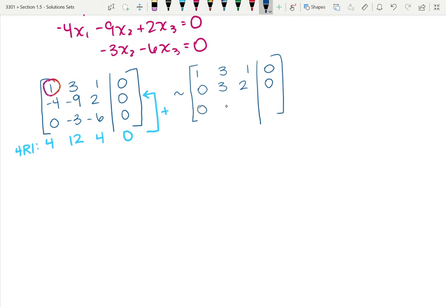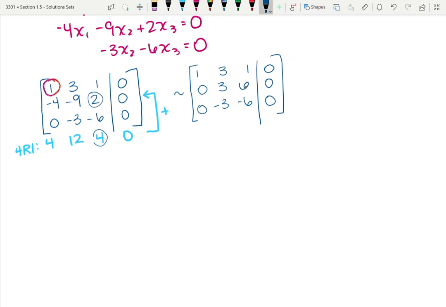And that other entry in that column is already zeroed out. I made a mistake. 4 and 2 is 6, so that should be a 6.